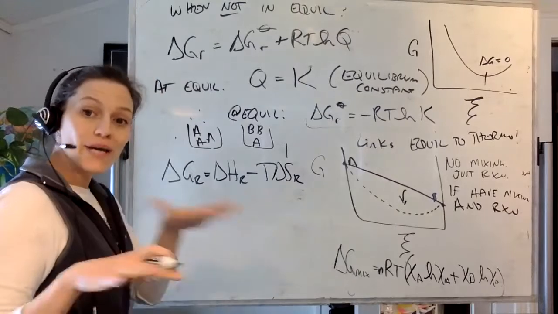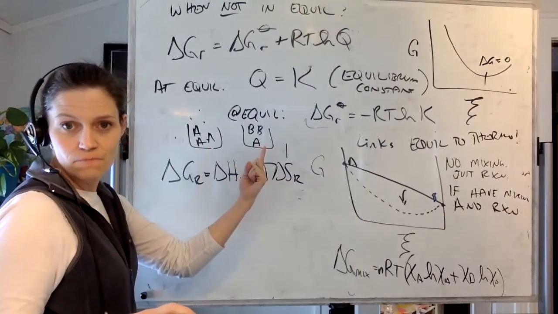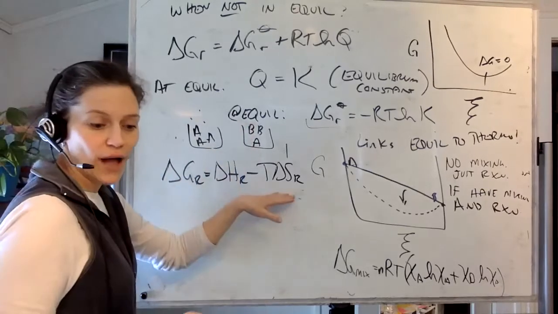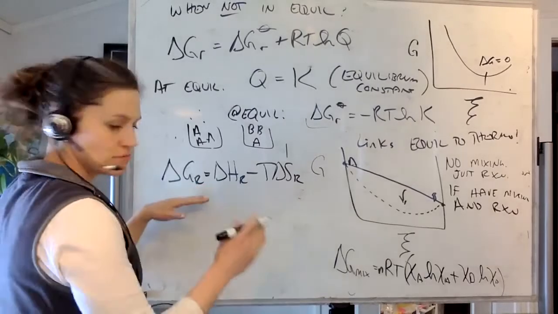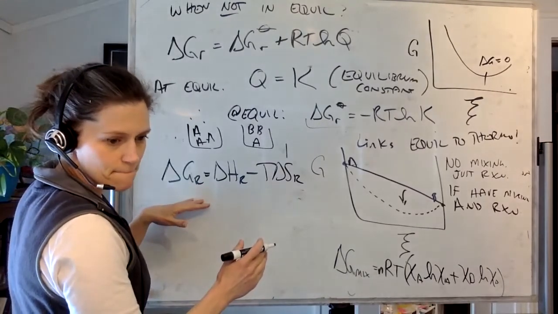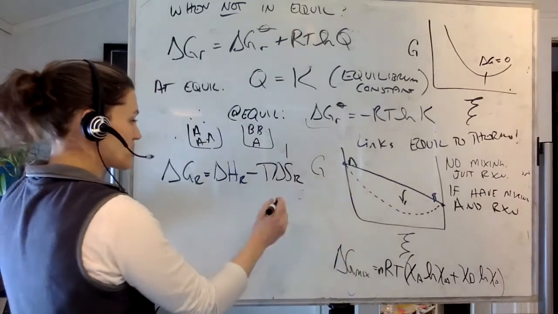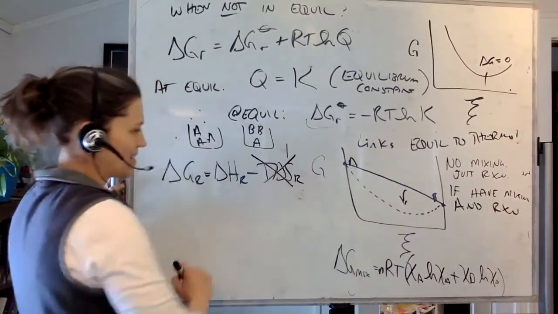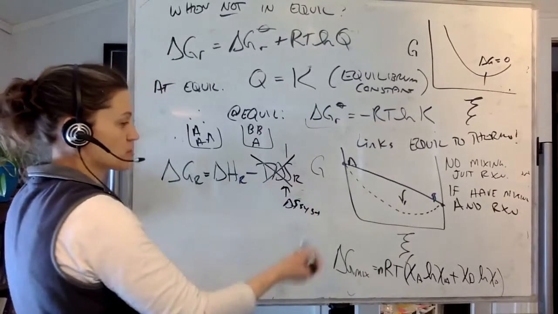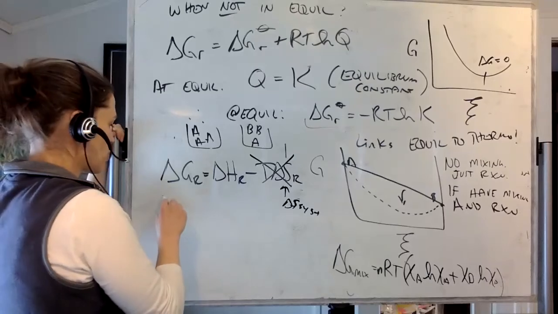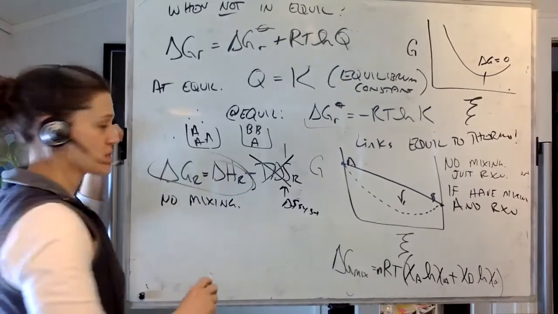Under no mixing, if you just have A's turned into B's and then nothing mixes after that, this is what you will have, where this is the delta S of the system and not delta S of the surroundings. So this is for no mixing, and it's a heat-driven process.